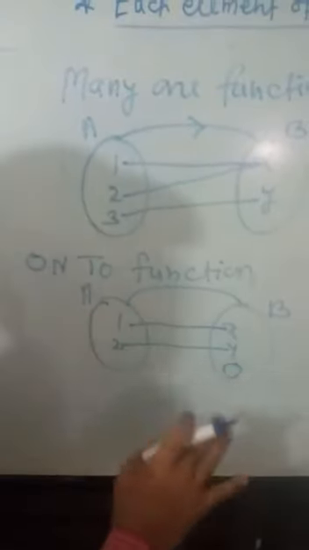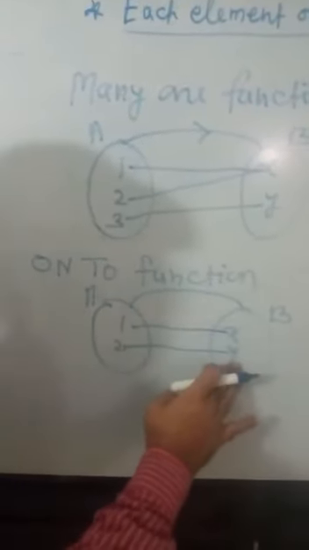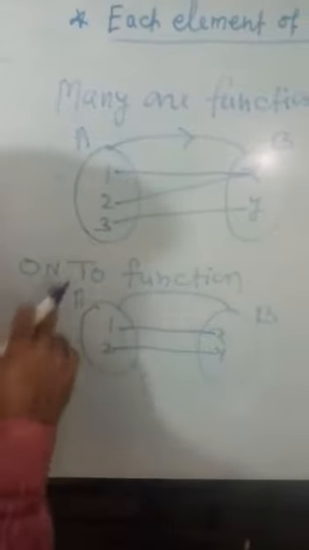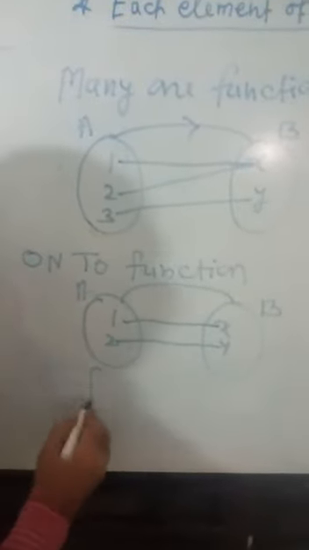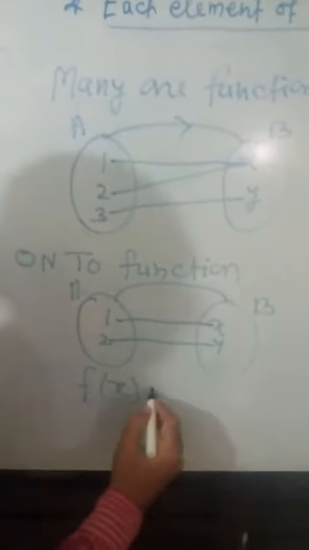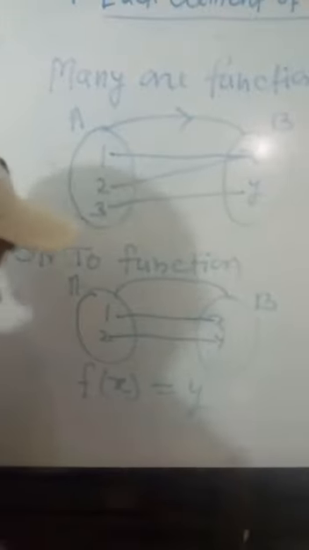That means all the elements of set B have a preimage. That is called an onto function. You have to find or define f(x) equal to y.